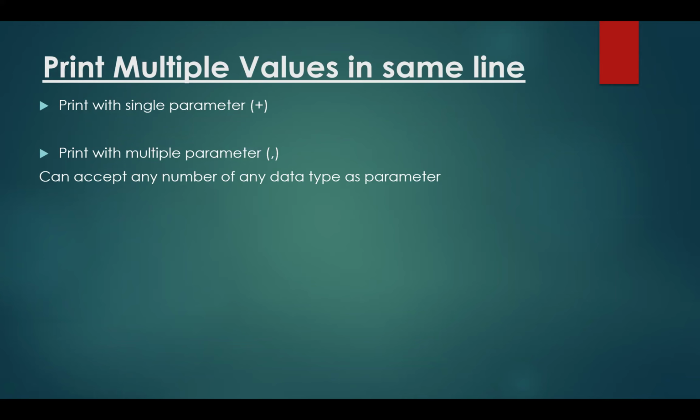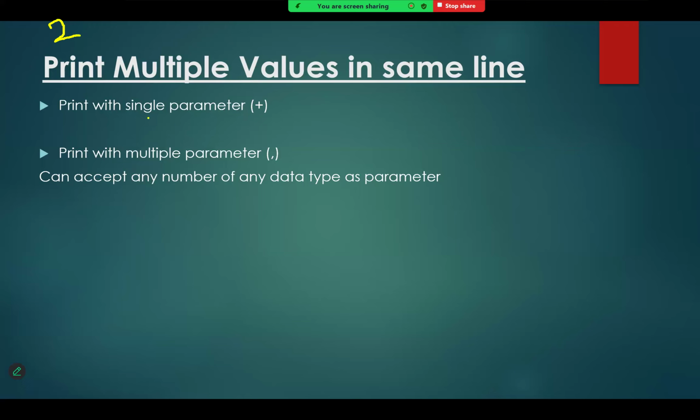Now today, let's see how to print multiple values in the same line. This is the second part of the print statement. In order to print multiple values in the same line, there are a couple of ways by which we can do that.